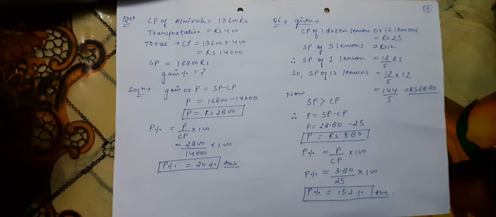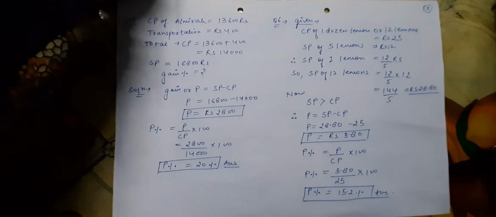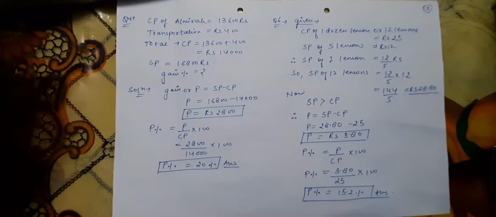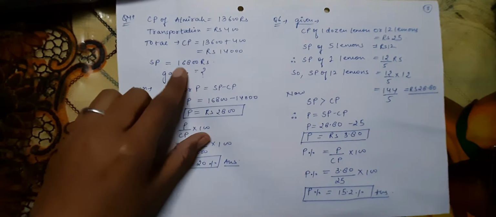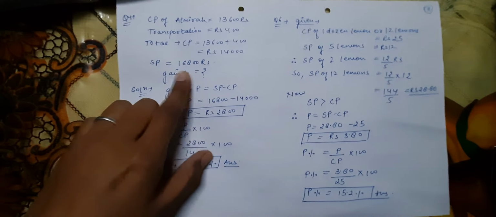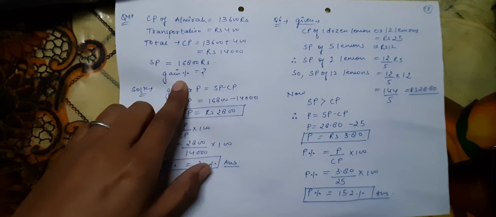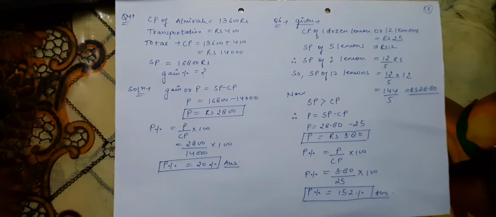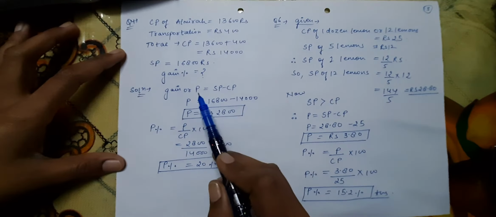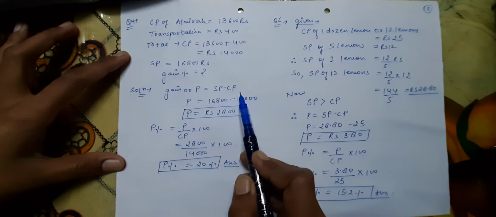Next, in the question, it is given that he sold it for rupees 16,800. So that will be the selling price of that Almirah, 16,800. And the question is asking us to calculate the gain percent. In order to calculate the gain percent, again we have to find out the profit first. Profit is selling price minus cost price.